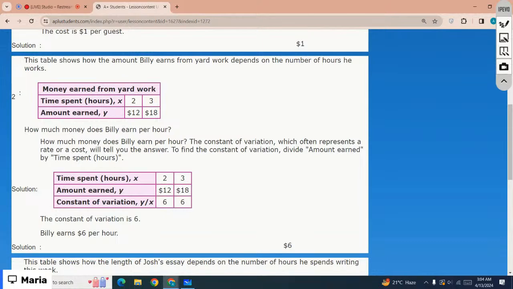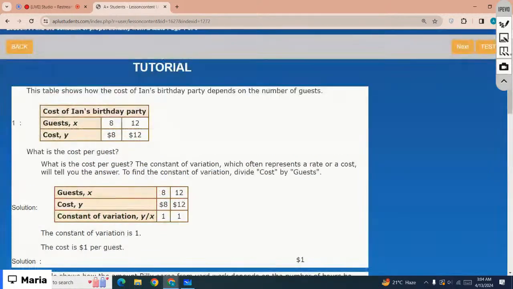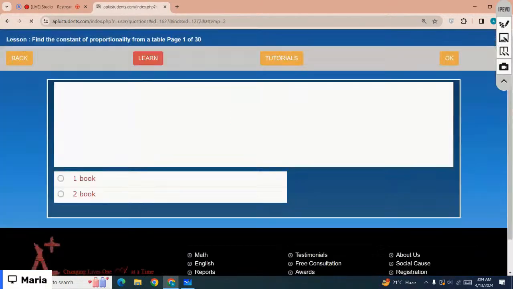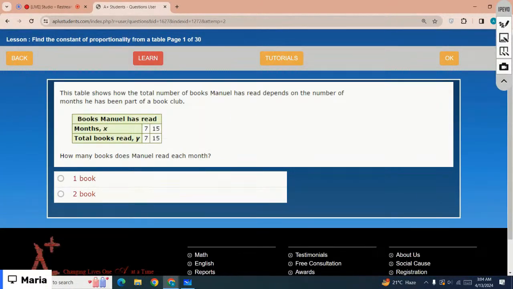Okay, let's just start with the practice questions. This table shows how the total number of books Manuel has read depends on the number of months he has been part of the book club. You are given a table that has the information about the month and the total books read. So, which is the correct option?